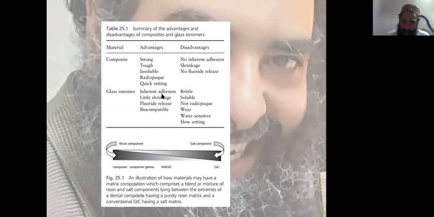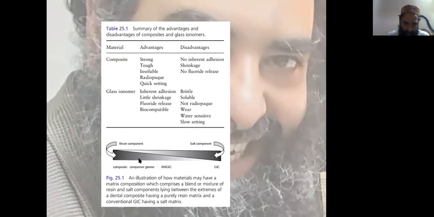Inherent adhesion, little shrinkage, fluoride release, and biocompatibility. These are the advantages. While disadvantages are brittleness, solubility, radiolucency, wear, water sensitivity, and slow setting.